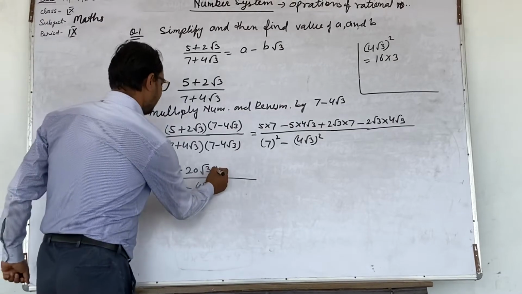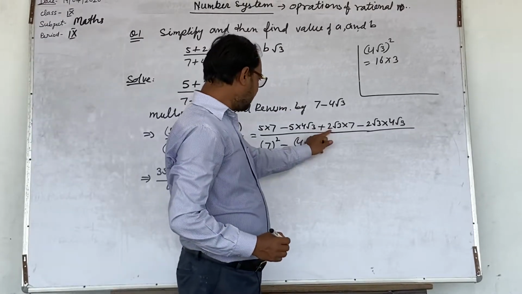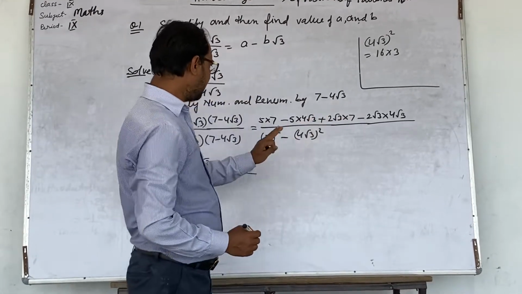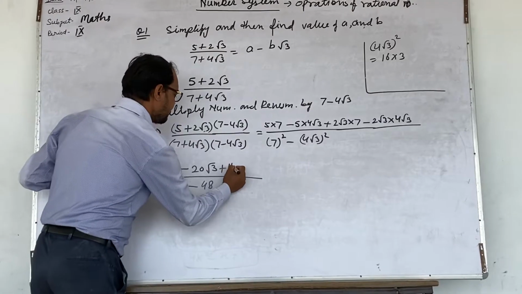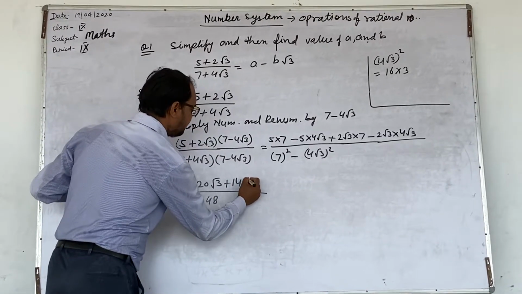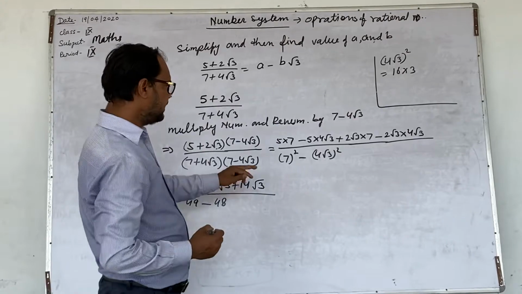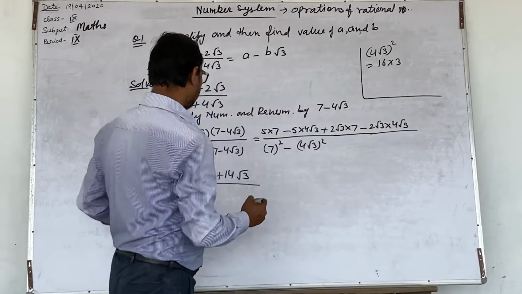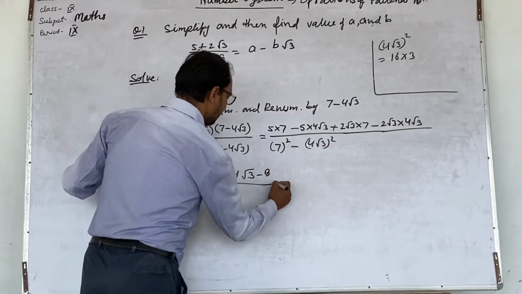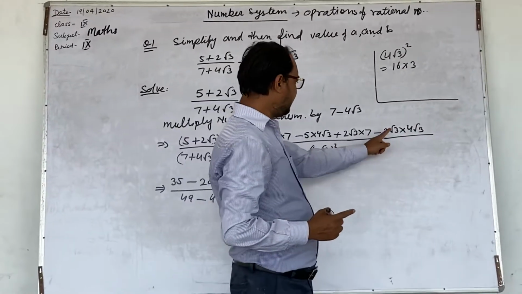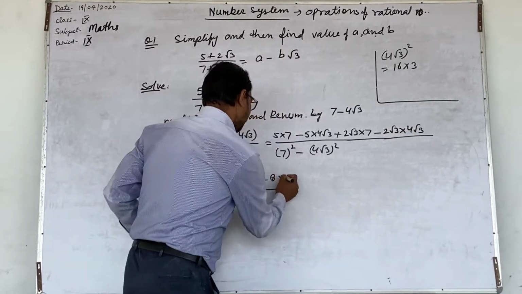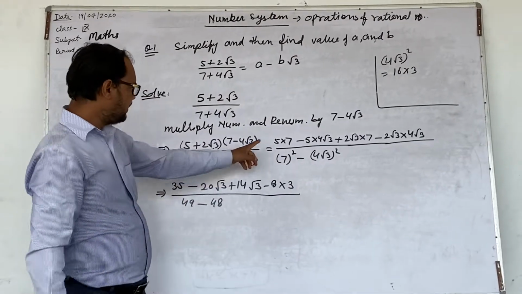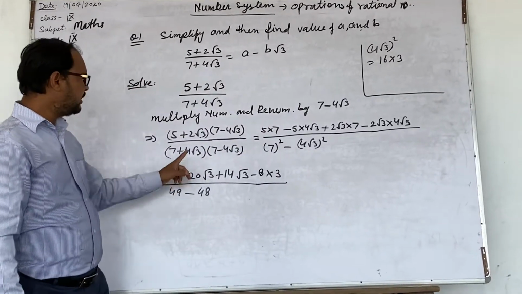Now plus, in this case also the same thing: 2 has no root, 7 has no root, so 2 and 7 will be multiplied. This will give 14 into root 3. Minus 2 into 4 is 8. As we know, root 3 into root 3 gets 3. When the same roots are multiplied, the root is finished. Once again 5 into 7 is 35.